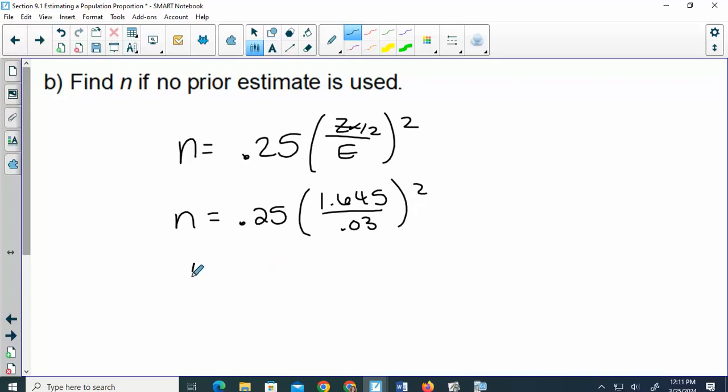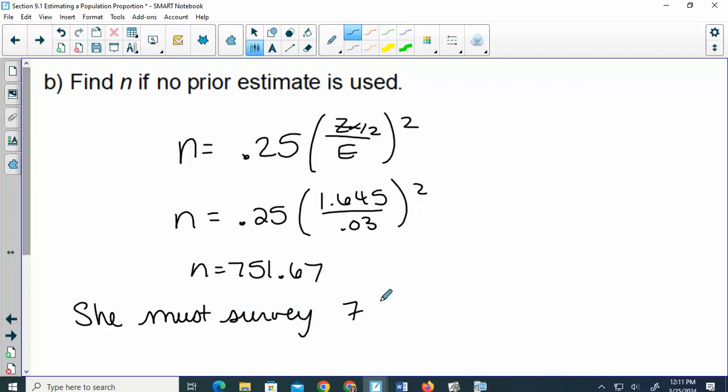And this time we get 751.67. So this time she must survey how many people? If you don't have a prior survey, it's always going to increase our n value. Any questions there?